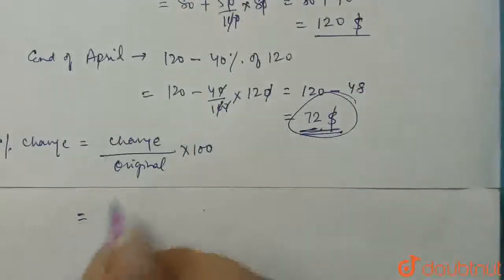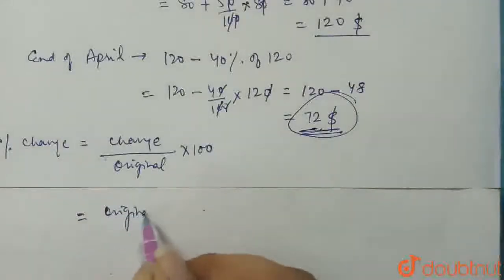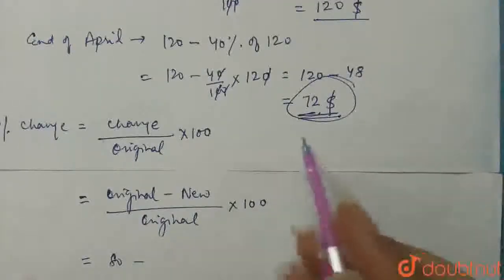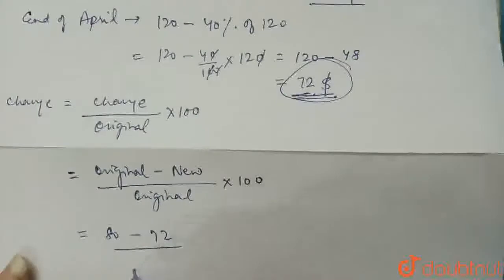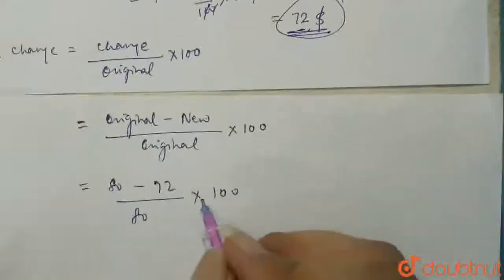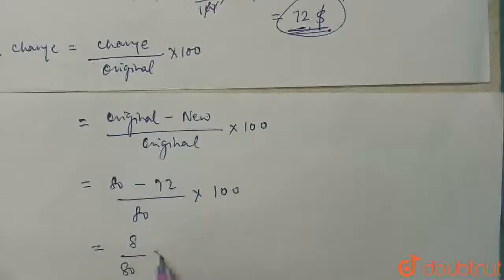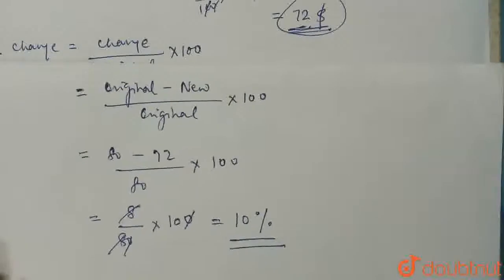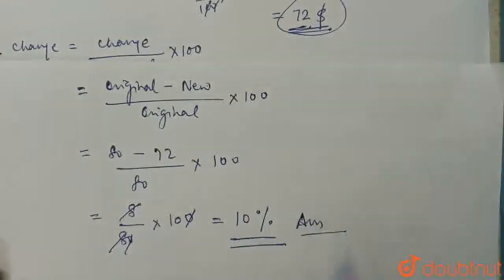Change is calculated by original minus new upon original into 100, and the original investment was $80, new is 72. So this becomes 80 minus 72 upon 80 into 100. So 0 gets cancelled, 8 gets cancelled with 8, and we are left with 10%. That is, 10% change is there in the stock. This is our answer.